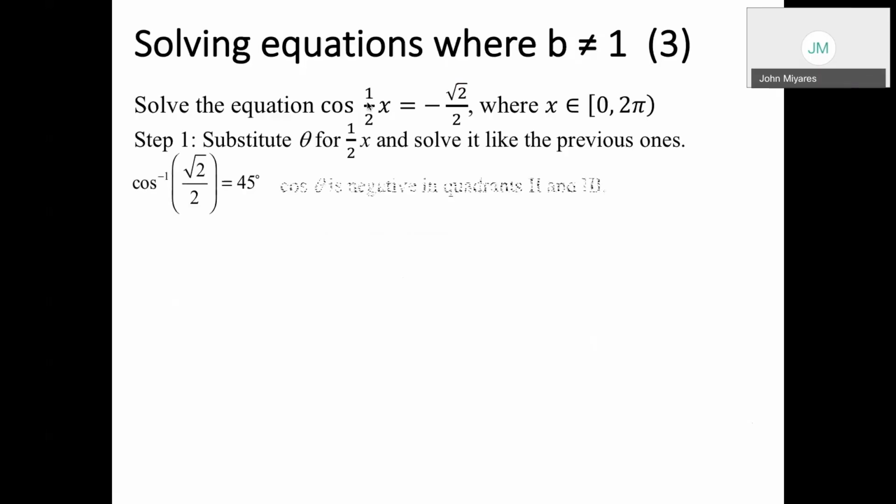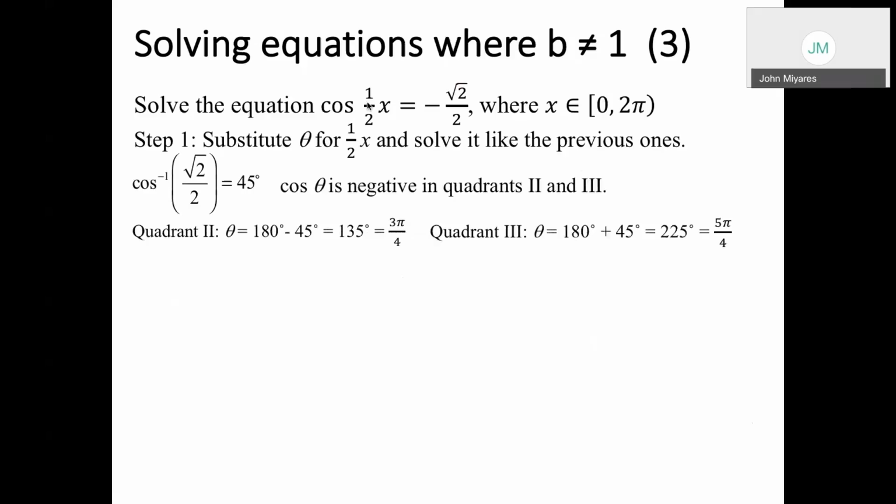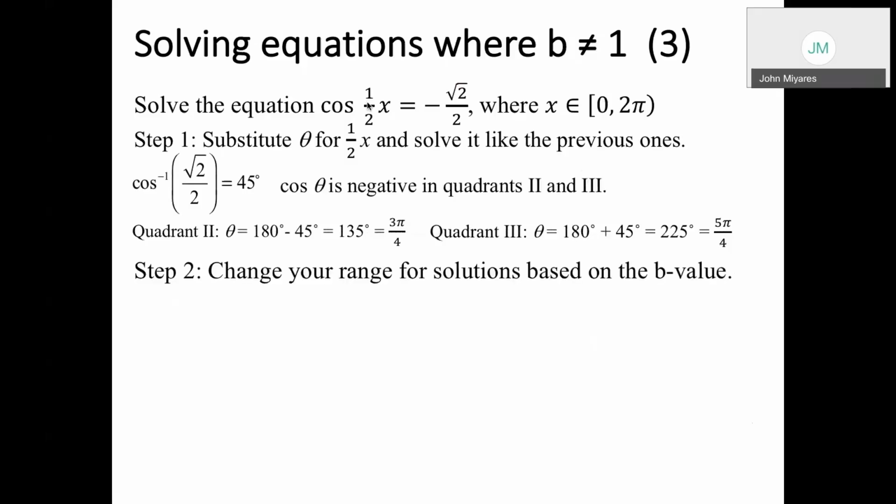We also know that the cosine of theta will be negative in quadrants 2 and 3. So the possible solutions are going to normally be either 135 degrees in quadrant 2 or 225 degrees in quadrant 3. When we're looking at our range here, we know we want x to be between 0 and 2 pi.